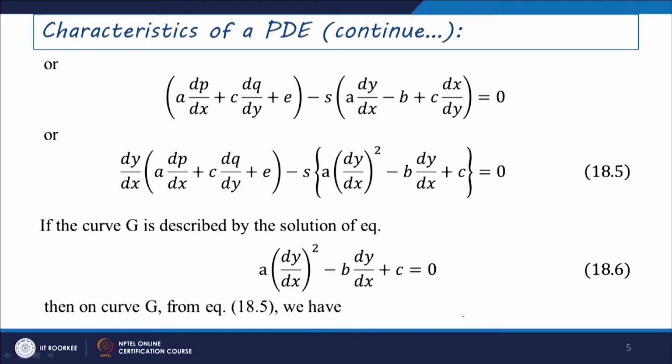In a compact form, this equation can be written as a dp/dx plus c dq/dy plus e minus s times a dy/dx minus b plus c dx/dy, equals 0.